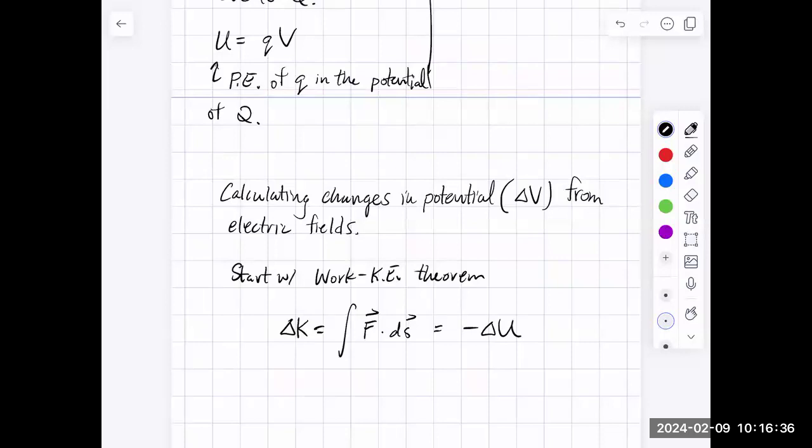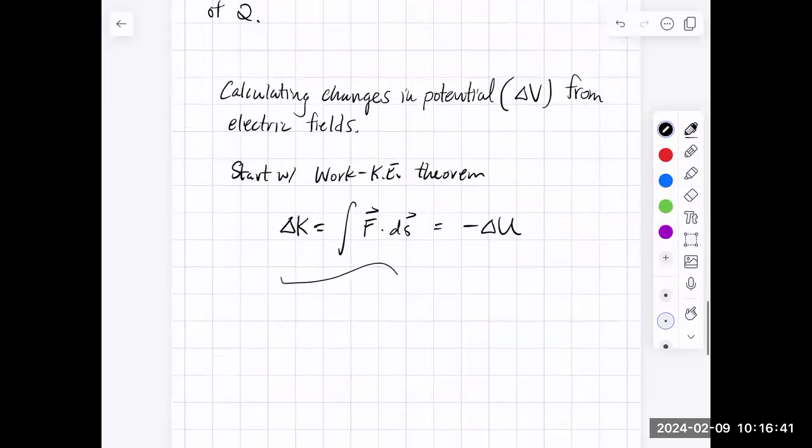So they have to be opposite of each other. Okay, so we can rearrange this and let's write delta U is equal to minus this F dot ds integral. Okay, and so this is completely general. This could be like, I don't know, a gravitational potential energy or electrostatic potential energy or anything else that is a potential energy, like a spring potential energy or something like that.